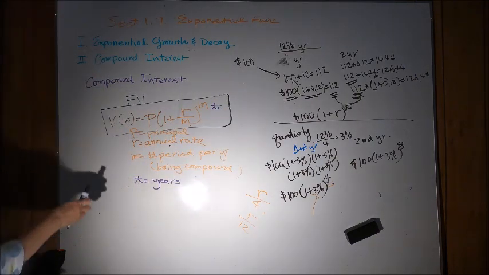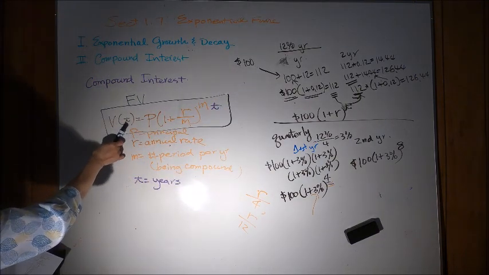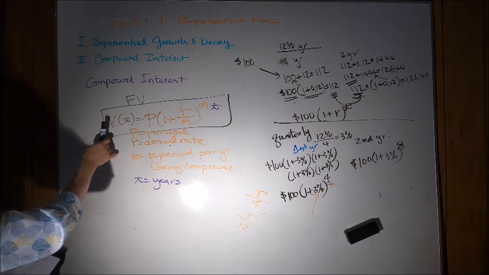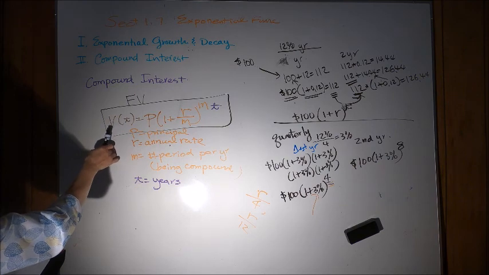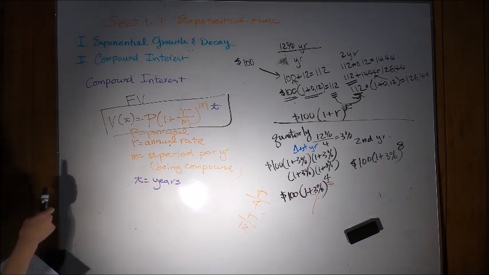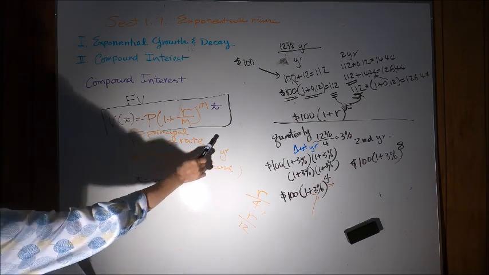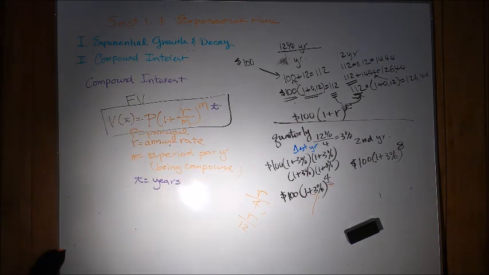So that would be your formula, right? So your value is according to your time. So, like a function f of x, V of t. Where is your t position? Your t position is where? On the exponent position.